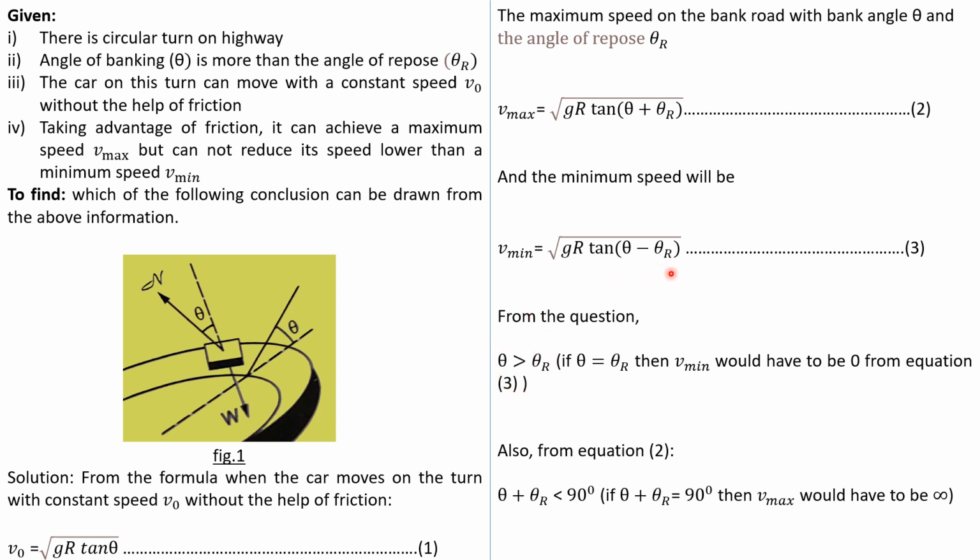So tan(theta minus theta r) will be positive and we will be getting a real value of Vmin. Another part is when theta plus theta r is 90 degrees, tan 90 degrees is infinity. So Vmax would be infinity, but this is practically not possible. So it means theta plus theta r should be less than 90 degrees.